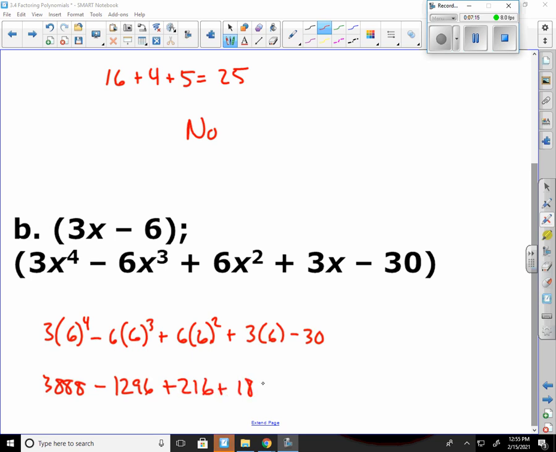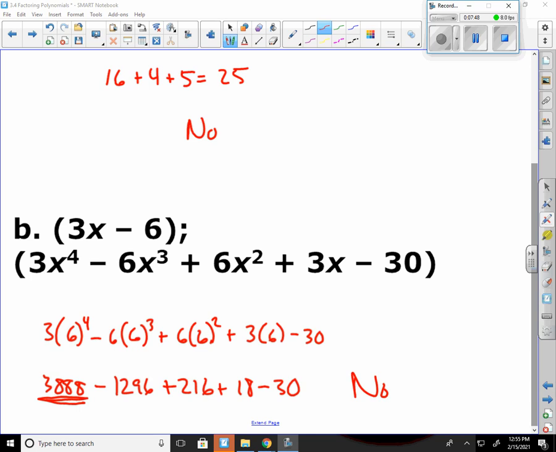plus 18 minus 30. Now before I do anything else, is this going to turn out to be a 0? As soon as I see that this is 3,888, I'm going to have to get close to that being subtracted in order for it to be a factor. So I'm subtracting 1,296. I don't even need to do the math here. And I'm adding two bigger numbers than I'm taking away.